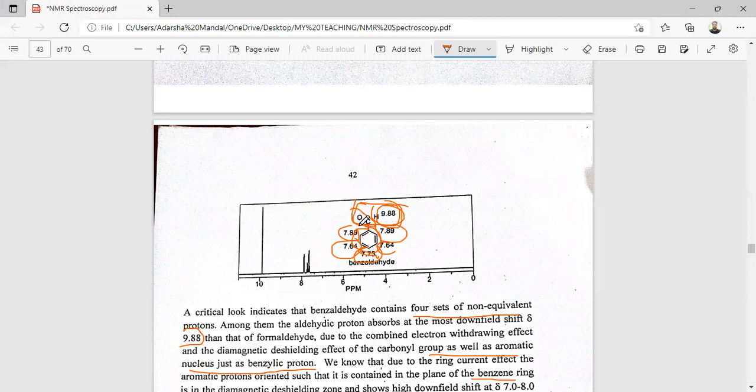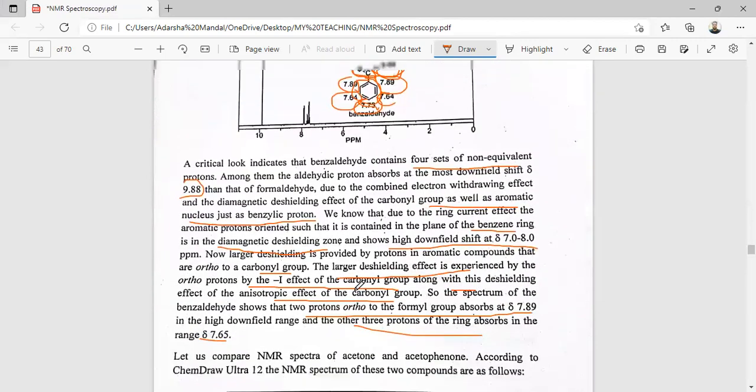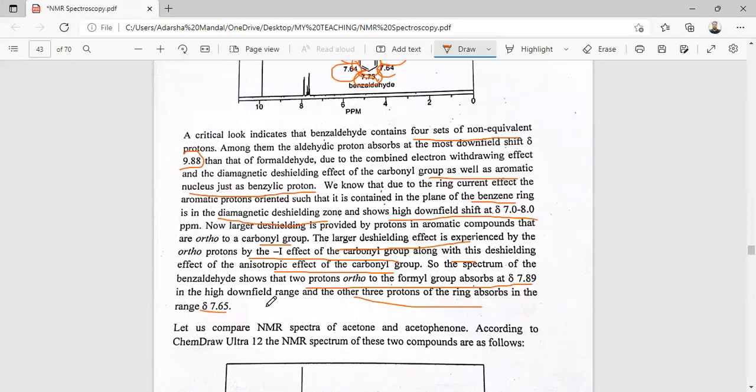That's why the ortho protons are more deshielded compared to the others. The meta and para protons are farther away from the carbonyl group, so they have delta values at 7.65 and 7.89.